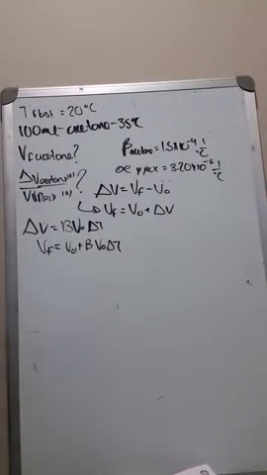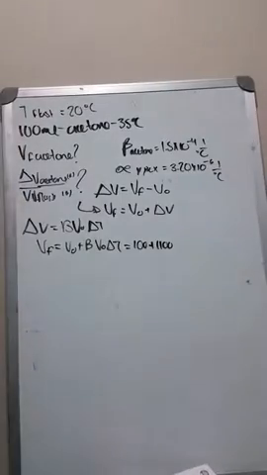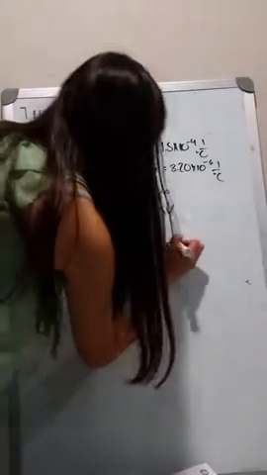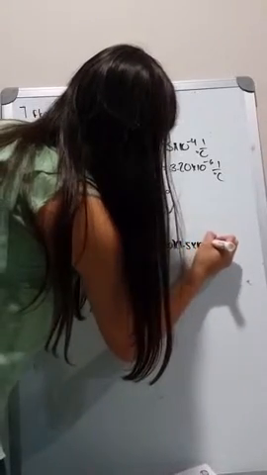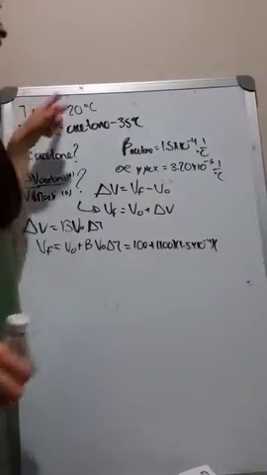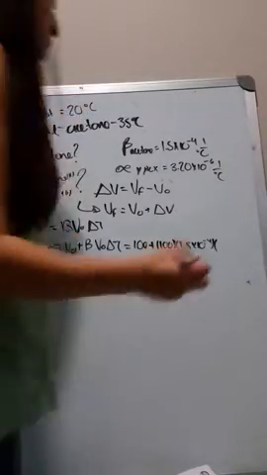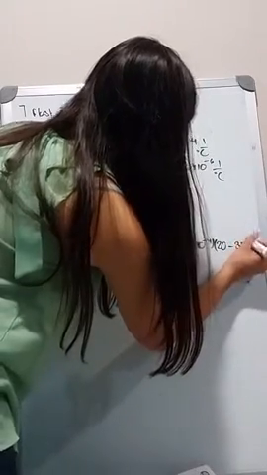So we can solve for that because we have the initial volume. So it's going to be 100 milliliters plus 100 milliliters times the beta of the acetone, that is going to be 1.5 times 10 to the minus 4 times the change in temperature. The final temperature is 20 because it's cooled until 20, and the initial is going to be 35.